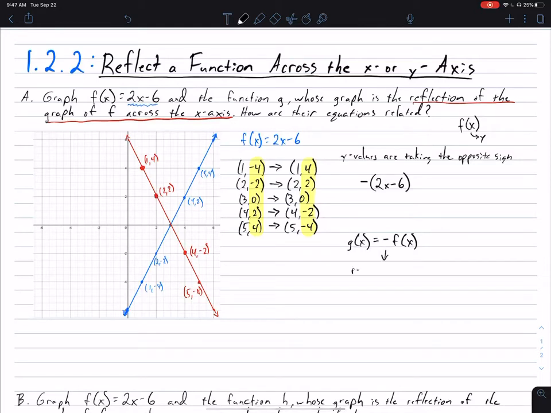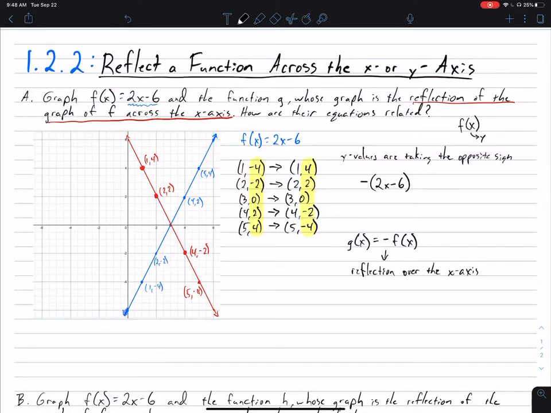This is when you have a reflection over the x-axis. It's an important distinction on where that negative is going to go, because we're going to see in the next video, when we have a reflection over the y-axis, where that negative is going to be. So if you have a reflection over the x-axis, your y values are changing.